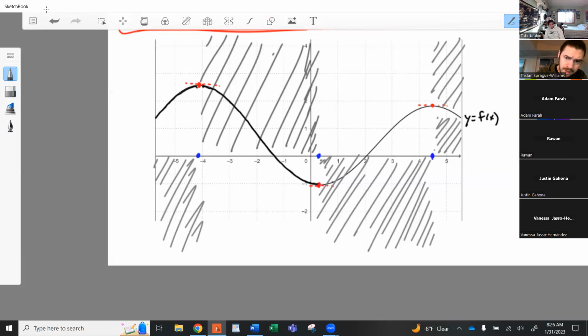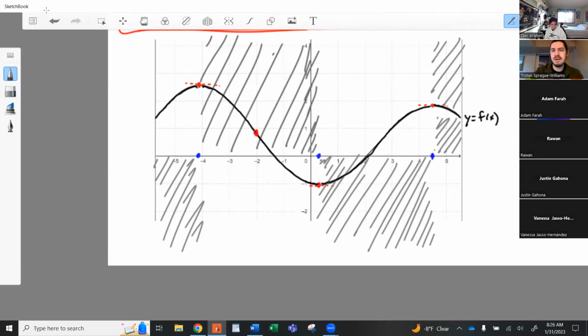What we want to do is look along the segment of the graph we're working with and look for what we think is the steepest point on that graph. For example, on this interval right here, I would guess that the steepest point is going to occur right about there. Would you agree with me?